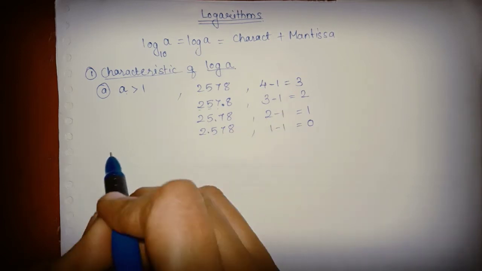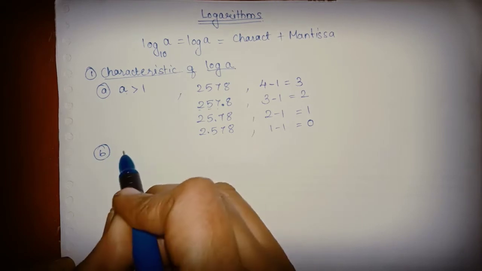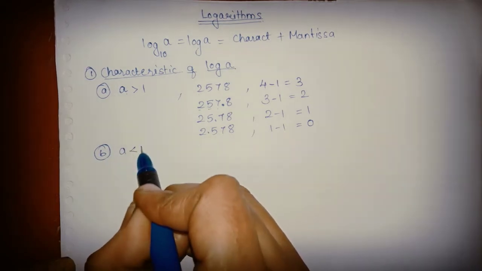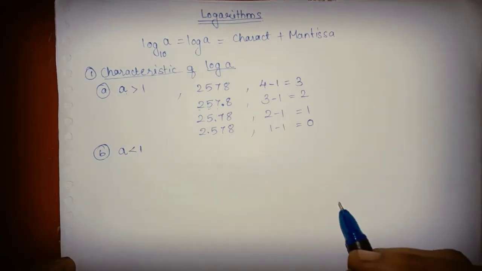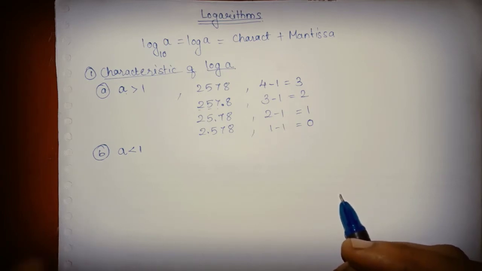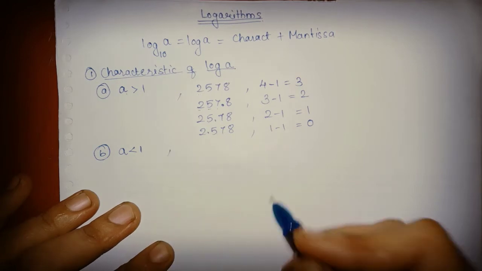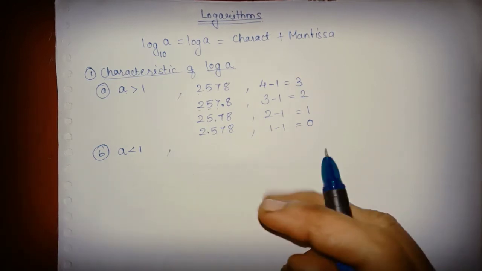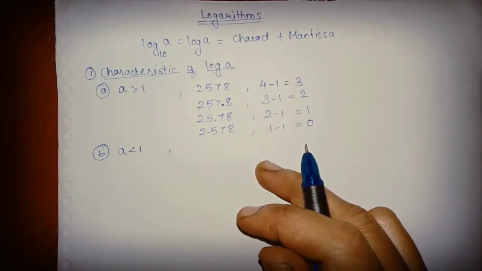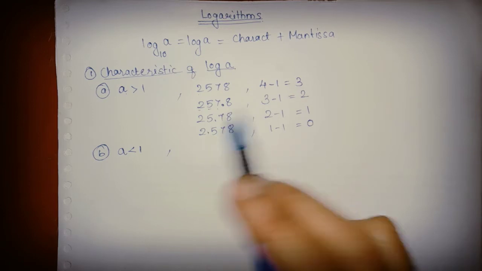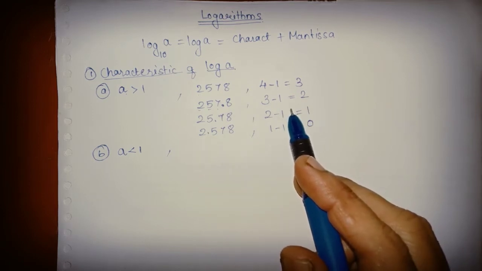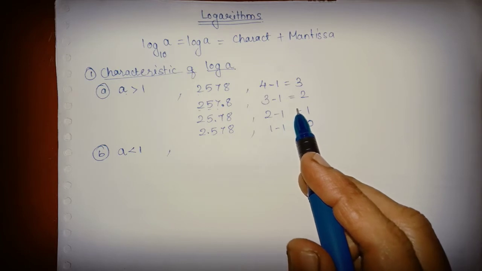If you have a number which is less than 1, less than 1 means 0 point something like that, then you have to see how many zeros there are after the decimal, and add 1 to it.